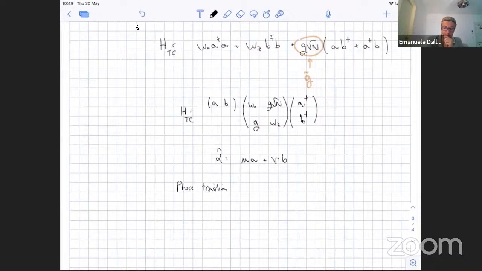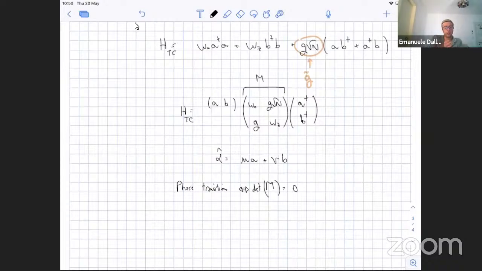It means that there is an excitation that has zero energy. So the phase transition is like demanding that this matrix, let's call it M, has an eigenvalue that is zero. What does it mean that the eigenvalue is zero? It means that the determinant of the matrix is zero. You remember that the determinant of a matrix is the product of the eigenvalues.